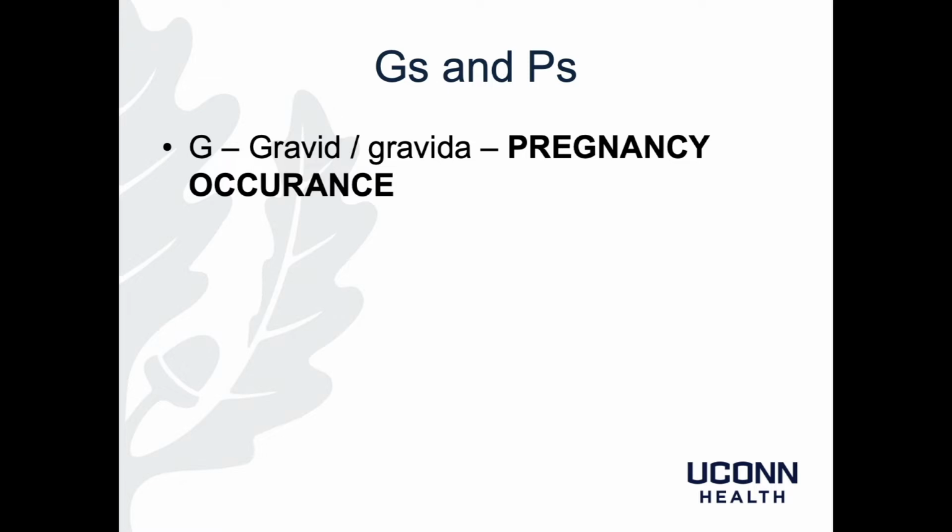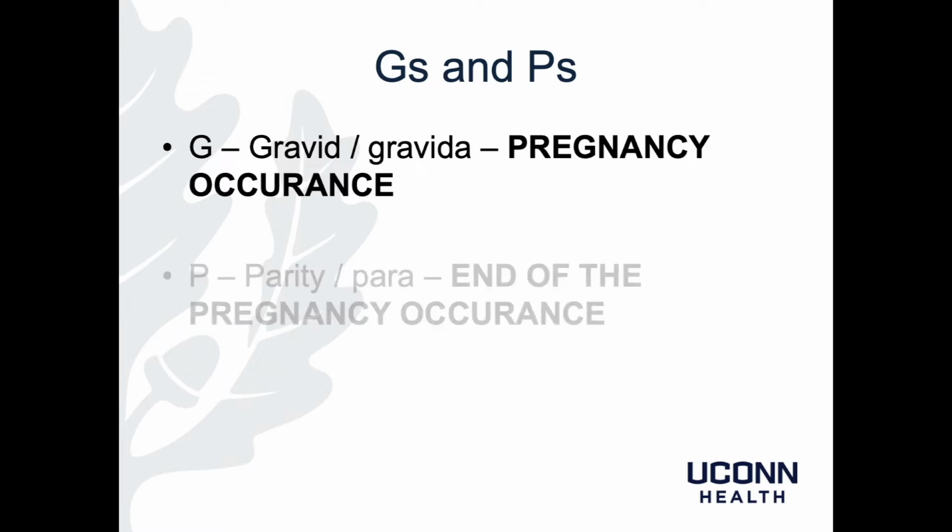A pregnancy has a beginning and a pregnancy has an end. What happens inside there can get very confusing, especially if it's a multiple gestation. But just know that if a woman is pregnant with a singleton or she's pregnant with triplets, that is only one pregnancy occurrence. And when we start talking about the end of pregnancy occurrences, that's where we get into parity. So let's take a look at that.